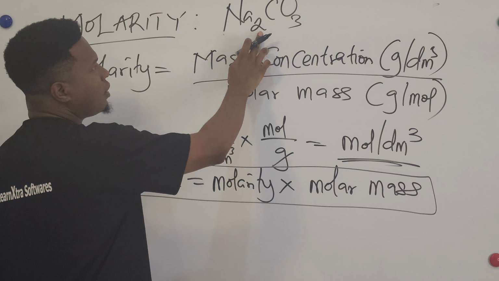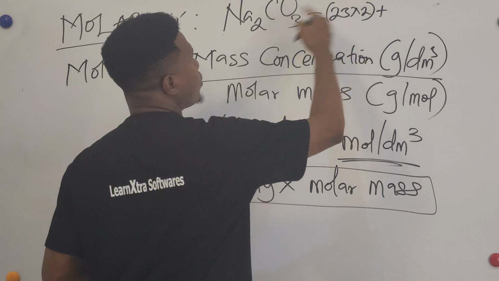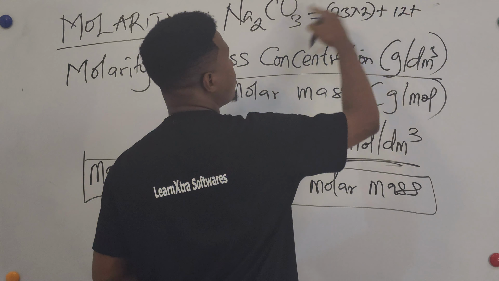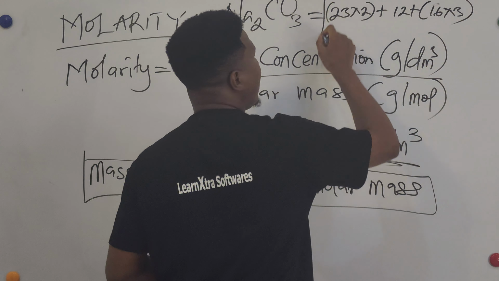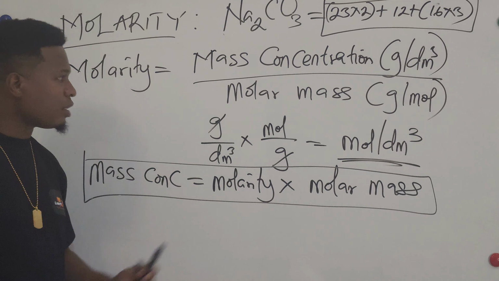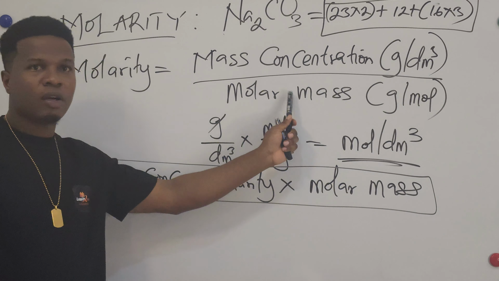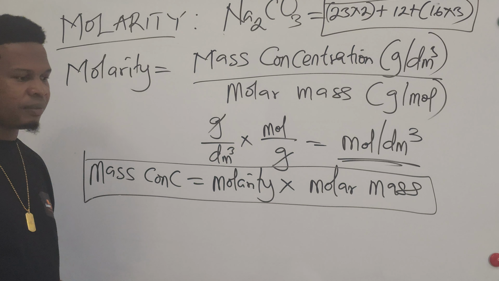So it's 23 times 2, plus carbon is 12, plus 16 times 3. When you multiply and add, whatever you get becomes the molar mass, which is the value you put either here or here, depending on the problem you are solving.